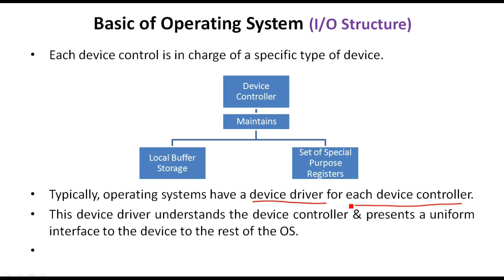We will understand how the device driver and device controller transfer the data from the device to its local buffer. So here every controller has a device driver, and the device driver understands the device controller.